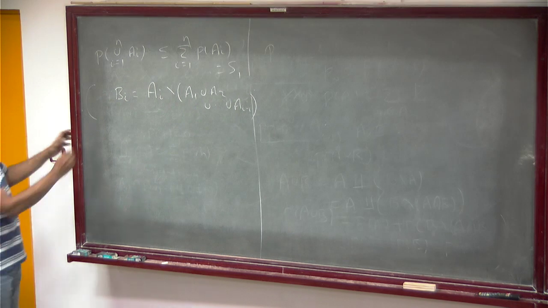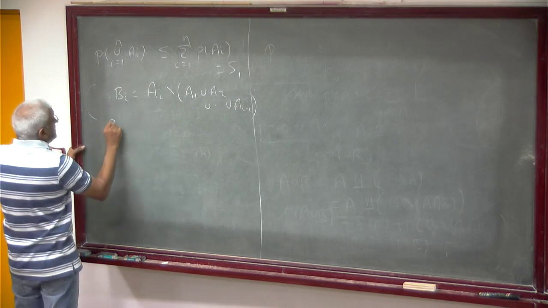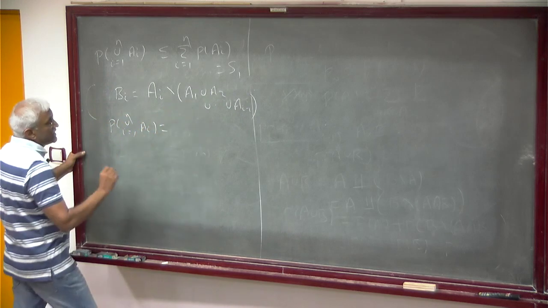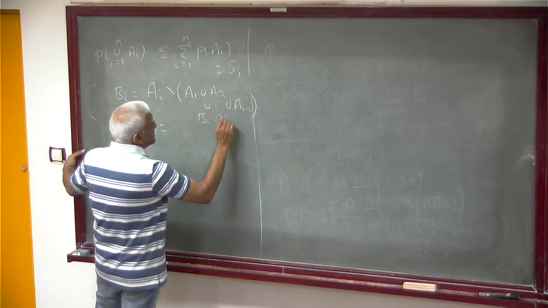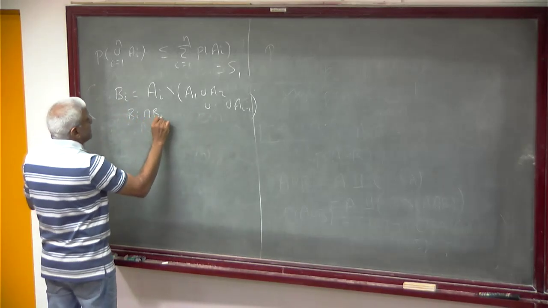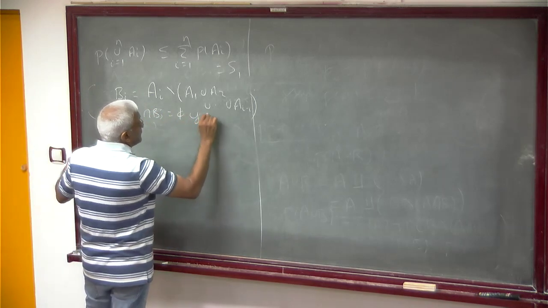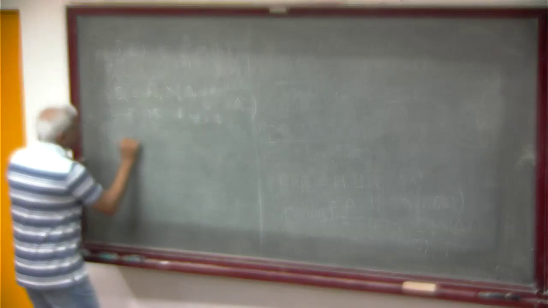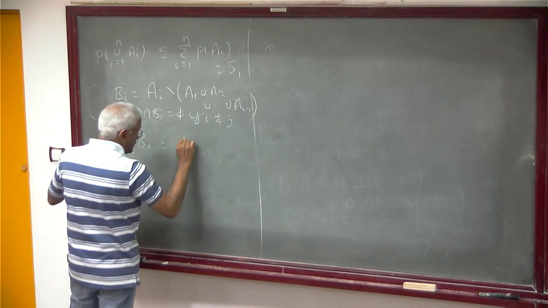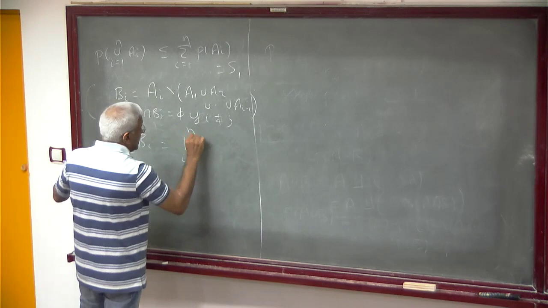Now the Bi intersection Bj is empty, they are disjoint, and the disjoint union of Bi is the union of Ai.